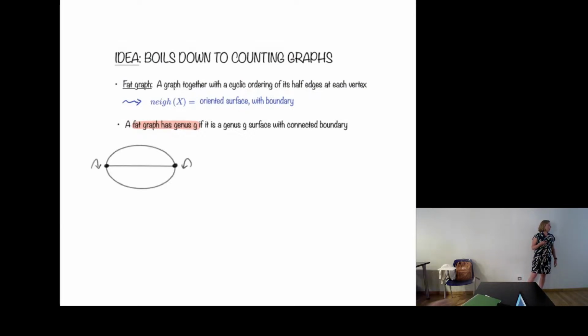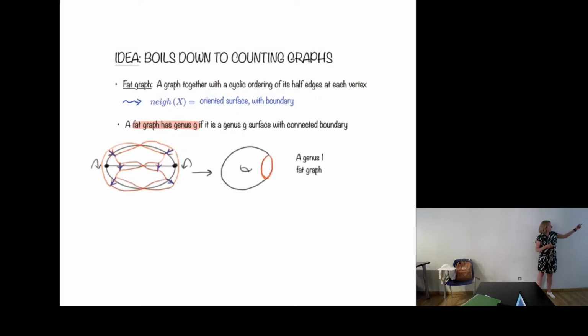As an example, my pictures are not at all as nice as Peter's, but here, if we look at this theta graph, it has two vertices, and I orient them like this. Then one way to get this fat graph structure on it is if I draw a hexagon around each vertex, order them according to the ordering, and then glue the blue edges together with reversed orientation.